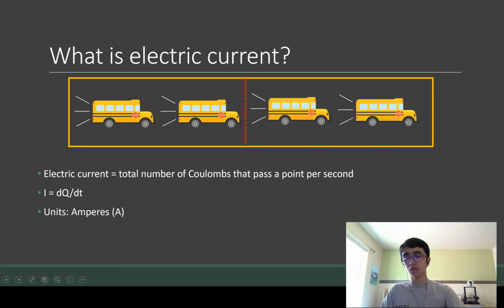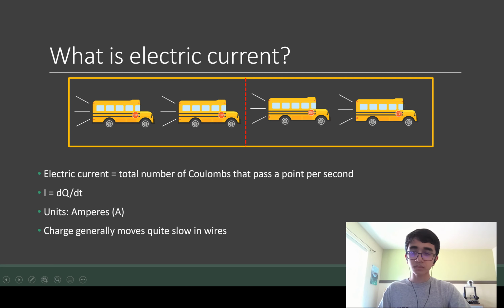But for the average current version, it's I equals change in q over change in time, where q is charge, t is time, and I is current. And from the equation, you can probably deduce what the broken down units for amperes are, which is coulombs per second. That's what an amp is. Okay, so that's electric current.